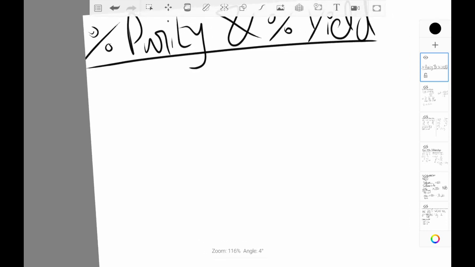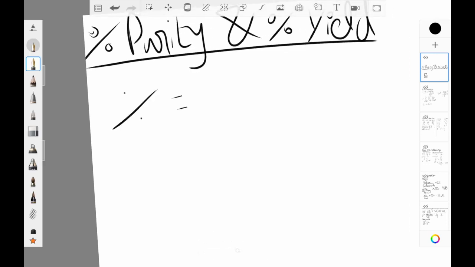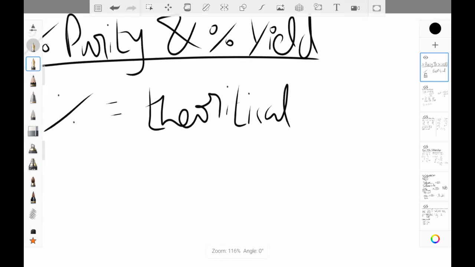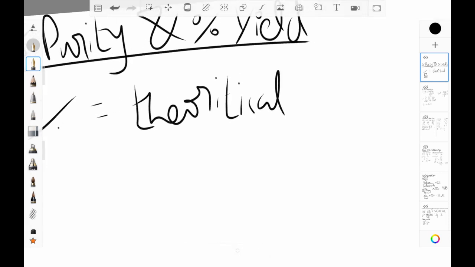You can calculate percentage yield using the theoretical mass, which is the mass that theoretically you could obtain.